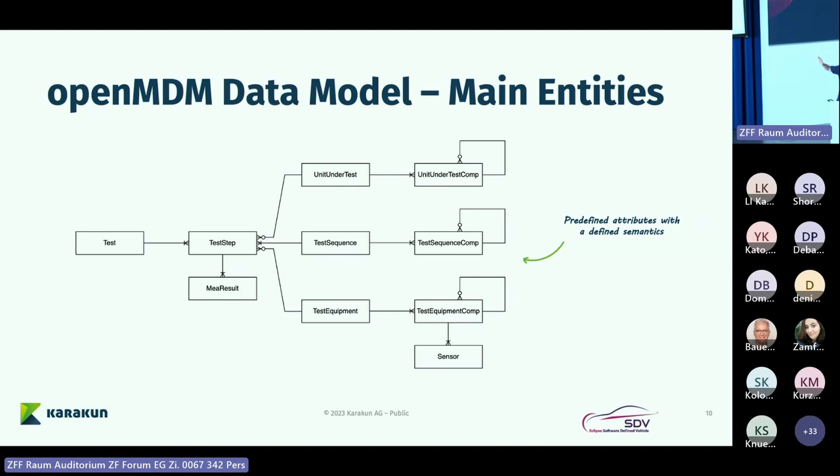All these entities contain predefined attributes with predefined data types, and the semantics of these data types are defined. So this is not flexible, but with the defined semantics, which is quite valuable if you want to exchange things between various programs. But this is, of course, limiting.